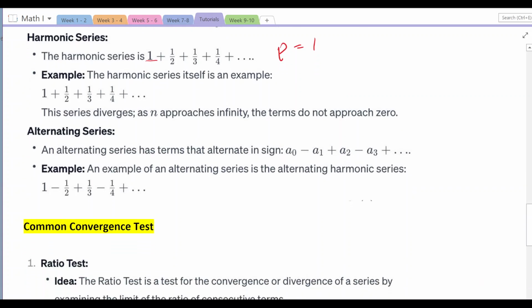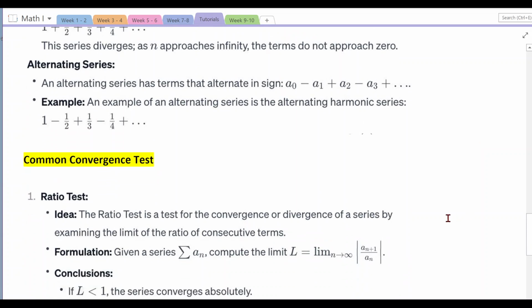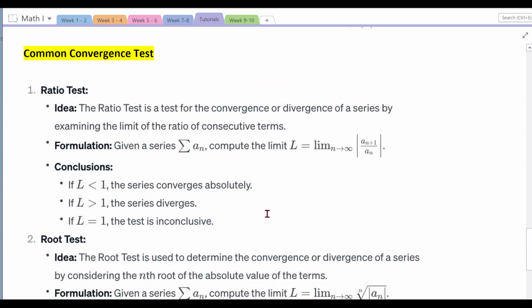Next example is alternating. As you can see here, an alternating series has terms that alternate in sign, starting from positive, negative, and so on. For example, 1, negative half, plus 1 over 3, negative 1 over 4, and so on. We will talk about convergence later on. To test for convergence, there are several common convergence tests.